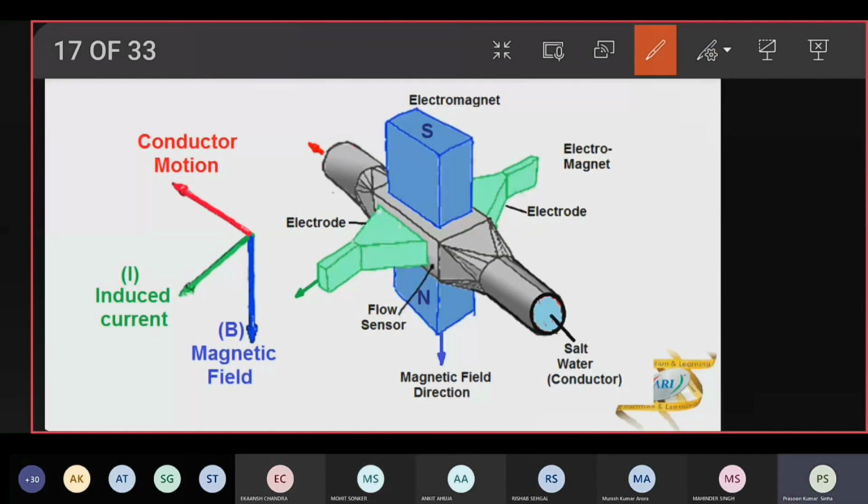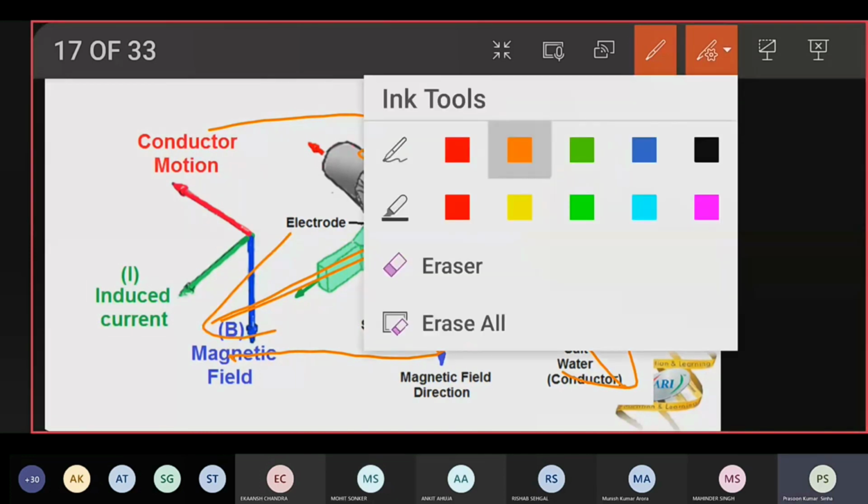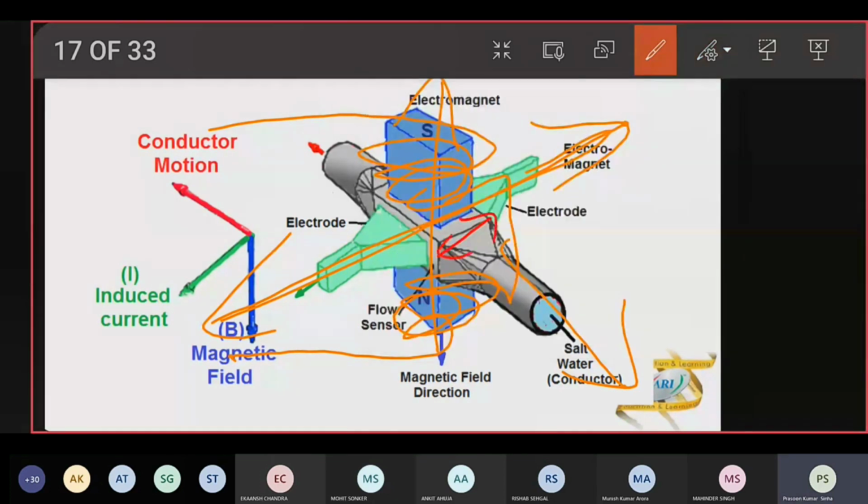What you have to remember is the alignment of this flow sensor, the alignment of the magnet, also that it is an electromagnet, and the athwartship alignment of the electrodes to pick up the current which is flowing through the water here, in the middle.